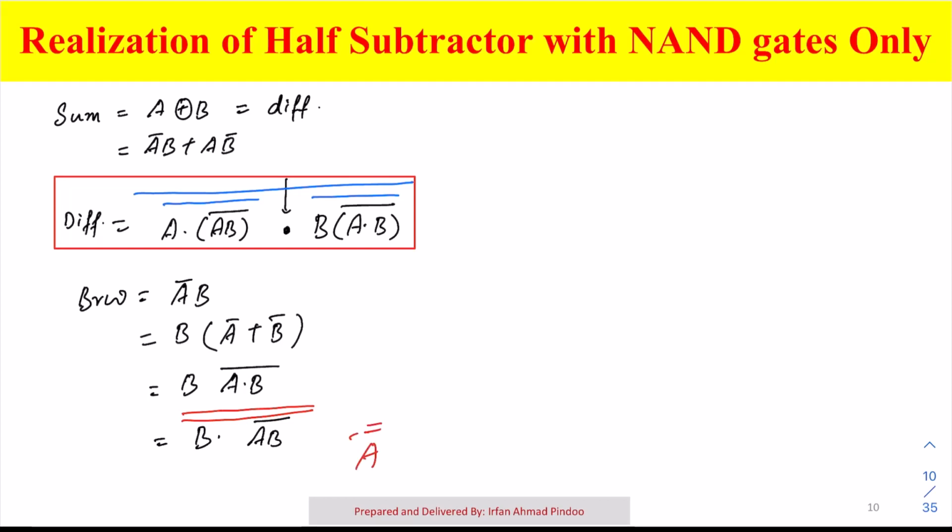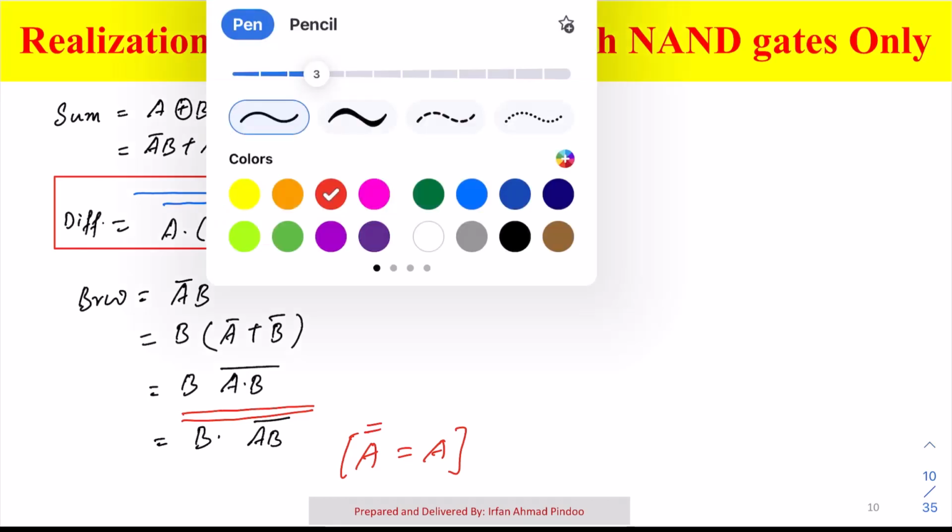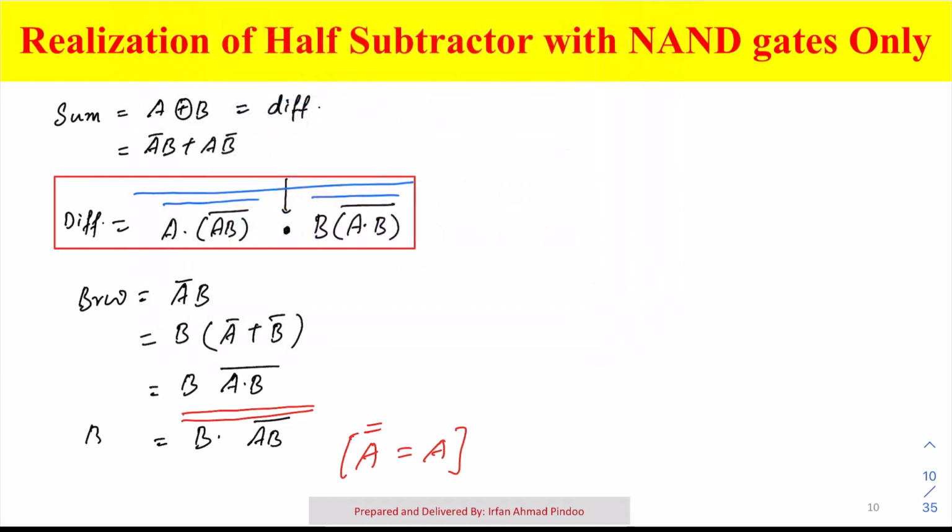We know from the property that A double bar is again A. So while using these two complemented bars, the output equation will still be the same. So we note down that this is the borrow equation of half subtractor. Now using equation 1 and equation 2, we are ready to create a logic diagram in our next slide.